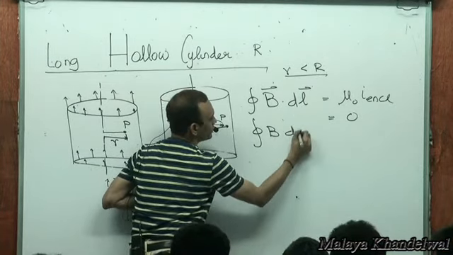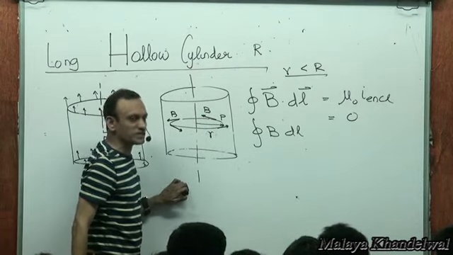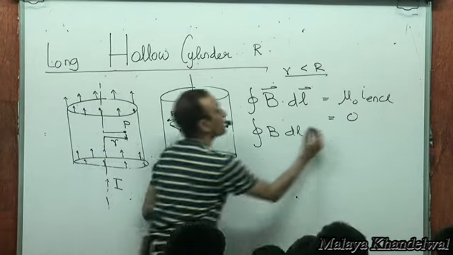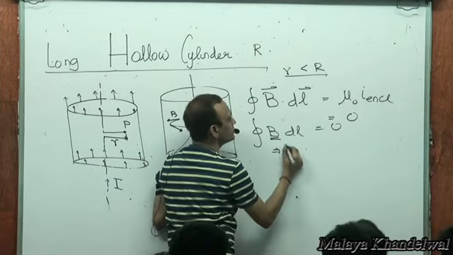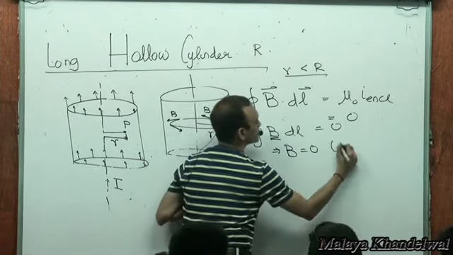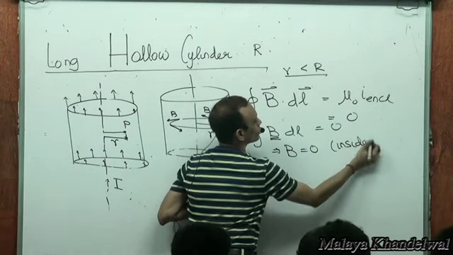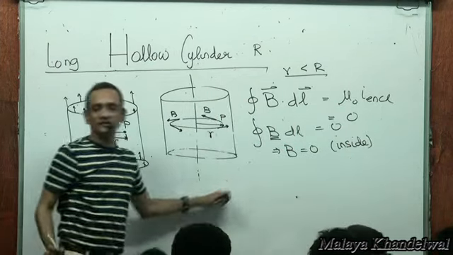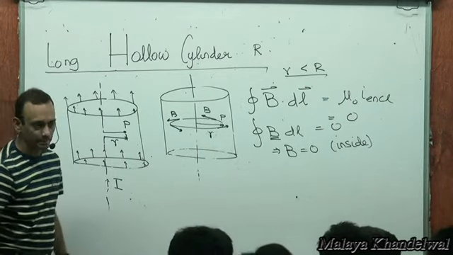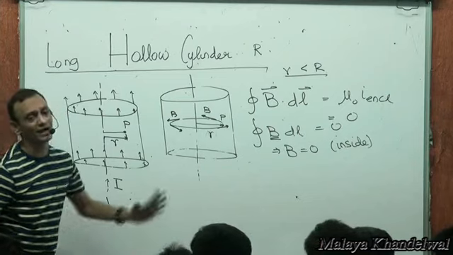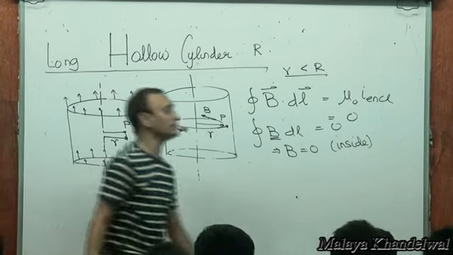B dot dl will be B into dl, because B and dl from symmetry would be in the same sense. That is 0. B comes out, same for all dl, and that will cause B to be 0 inside. For any point inside this hollow cylinder, magnetic field is going to be 0, right? That is for small r less than capital R, right?